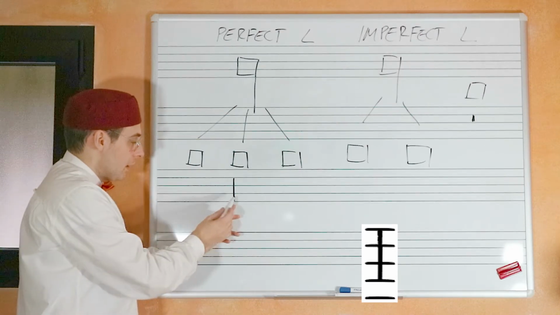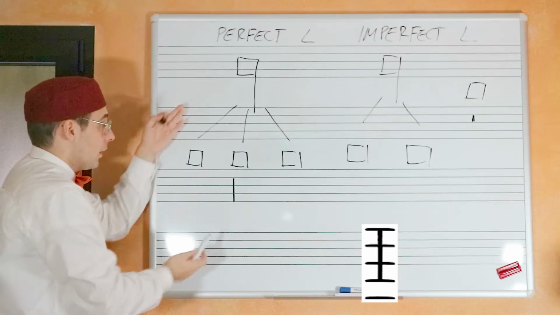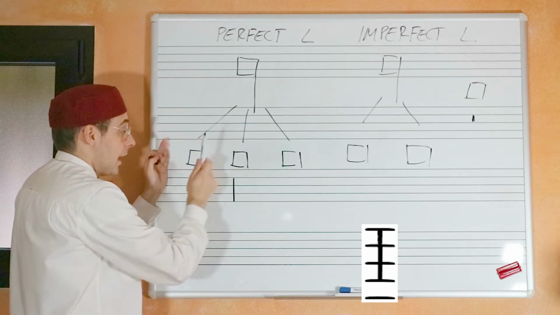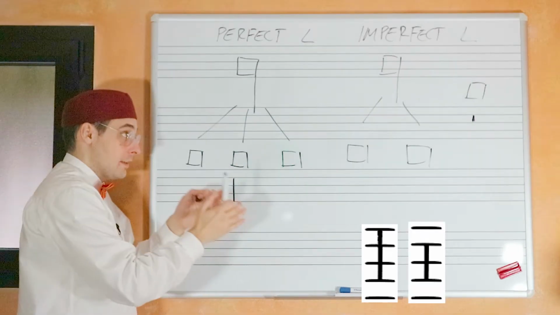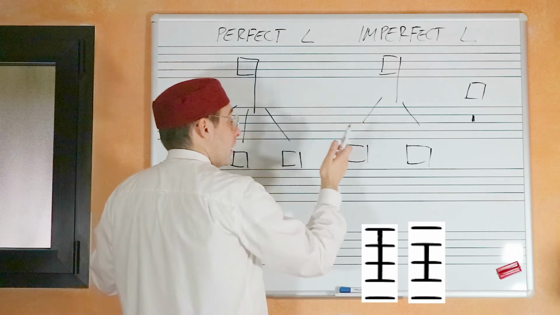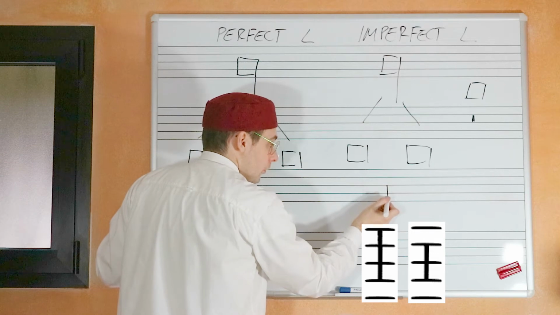As you can see, this line occupies 3 spaces. The perfect longa contains 3 brevis, and the rest of the perfect longa contains 3 spaces. In a similar way, the rest of the imperfect longa occupies only 2 spaces.